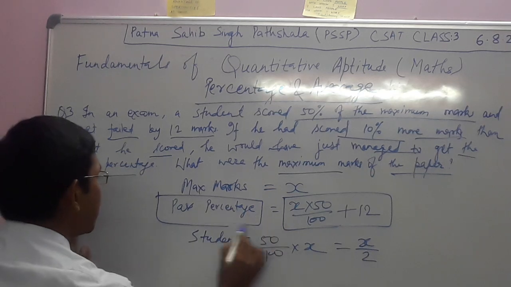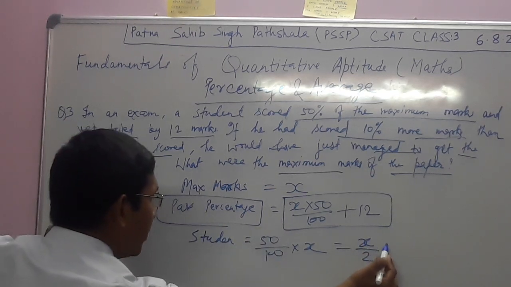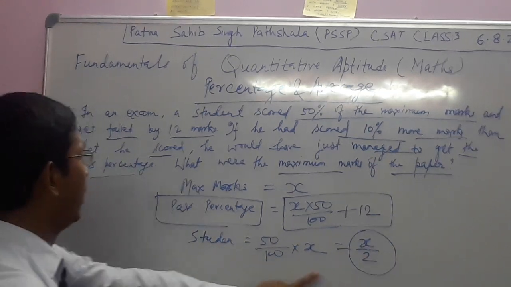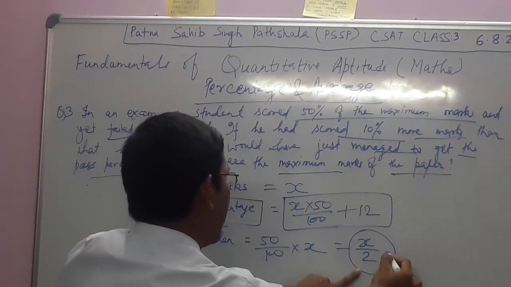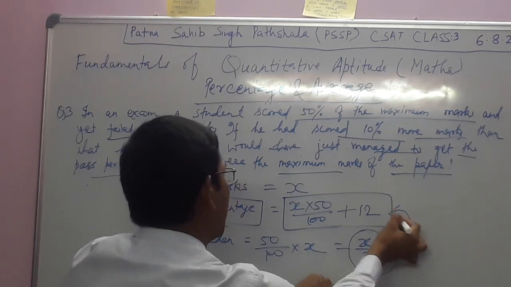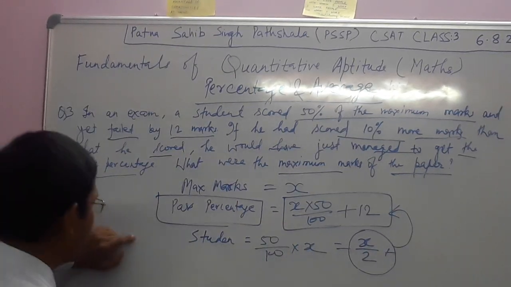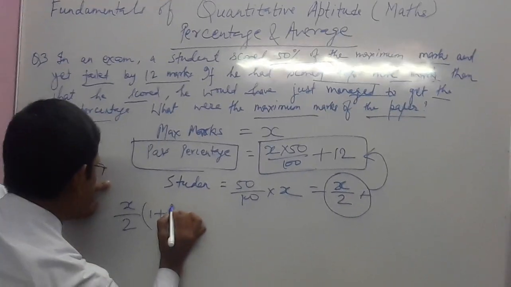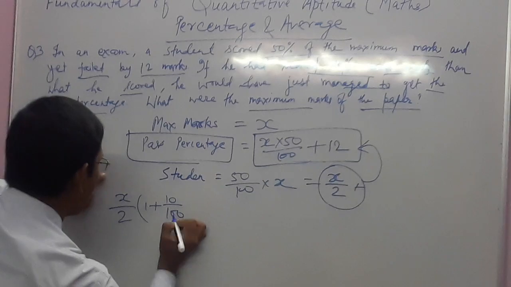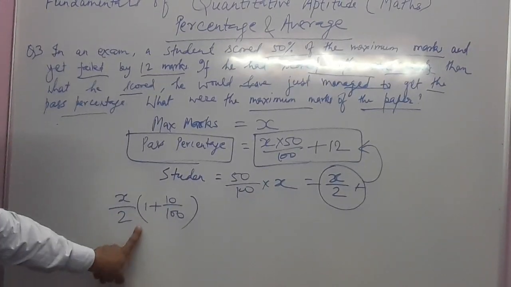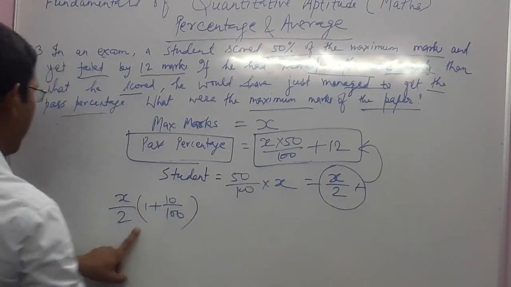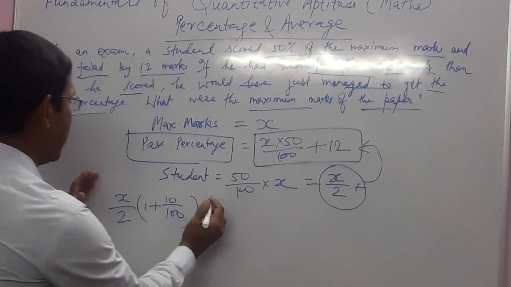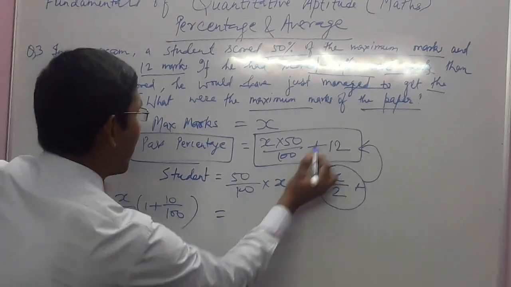If we add 10% more marks than what he has scored already, then it will be equal to the pass percentage. It means X by 2 into 1 plus 10%. This is the marks that will be equal to the pass percentage.